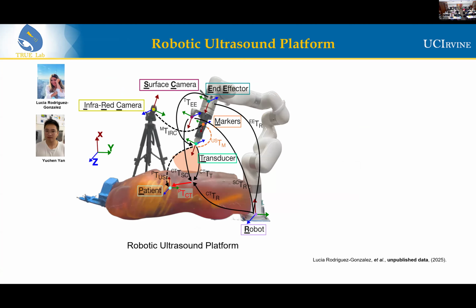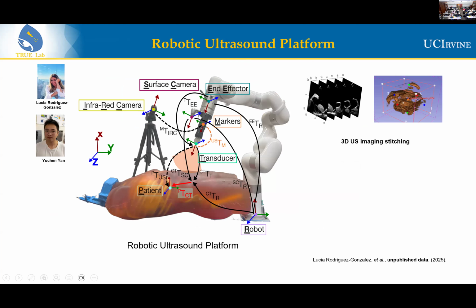In order to translate everything into the clinic, we have built a very, very smart robotic system. I believe many of you have visited our lab with Lucia. Lucia is the person who developed this robotic system. We have two sets of cameras. We have a surface camera that detects the profile of the patient.